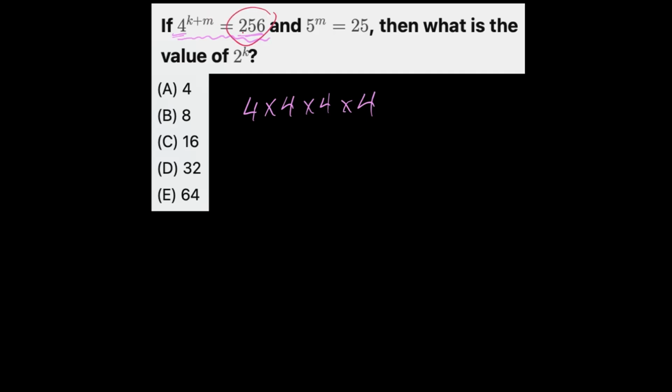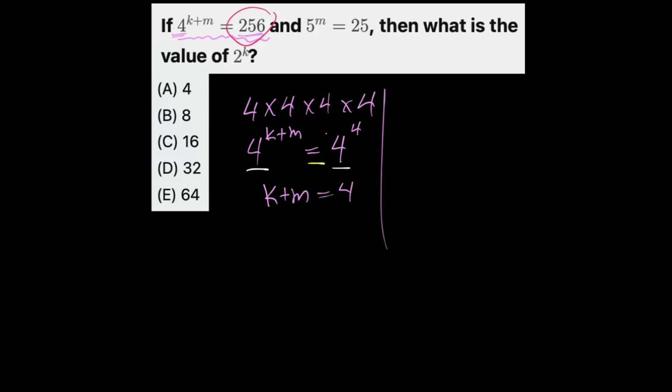So this 256 can be replaced with 4 to the 4th. So 4 to the k plus m equals 4 to the 4th. And now our special moment where the bases are equal, the expressions are equal, and k plus m equals 4.